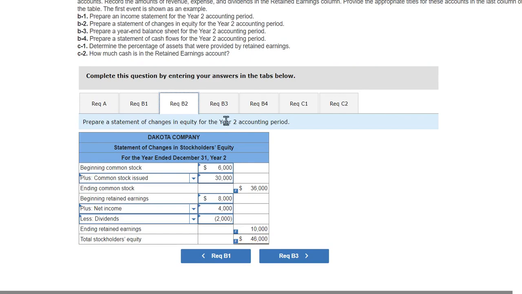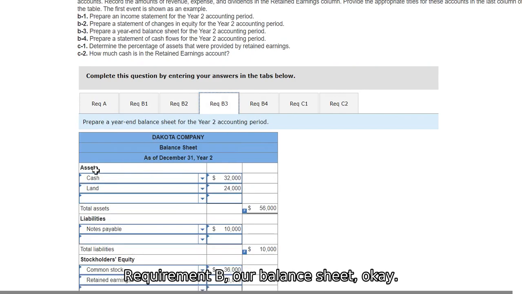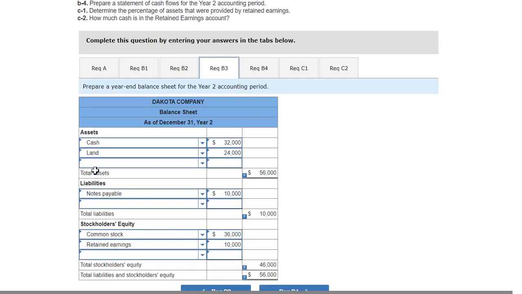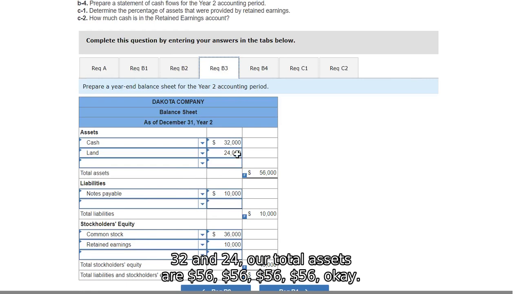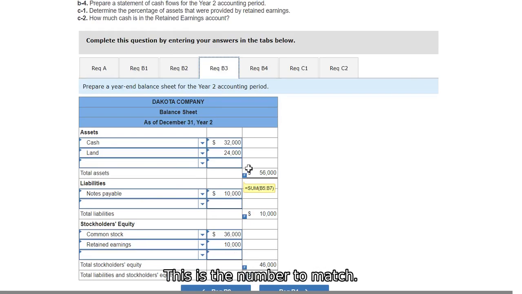All right, requirement B, our balance sheet. Where are we going to pull a bunch of these numbers? Again, you're pulling it here. Cash ending balance 32, land 24. Our total assets are $56,000. This is the number to match.